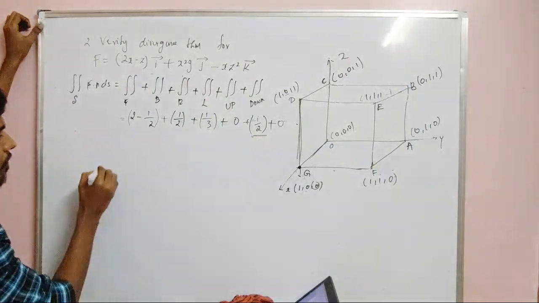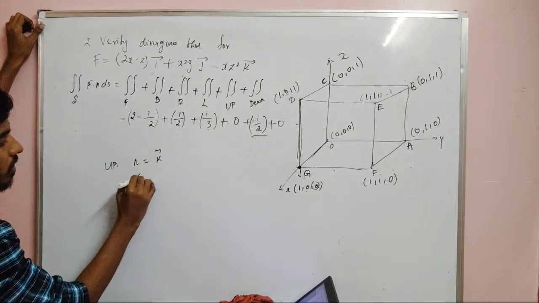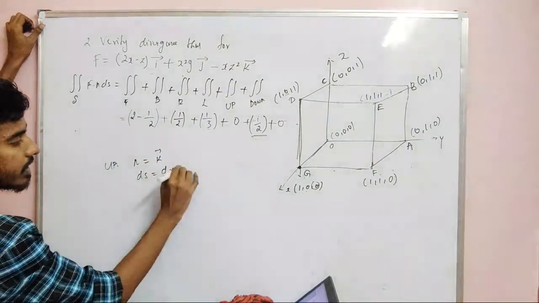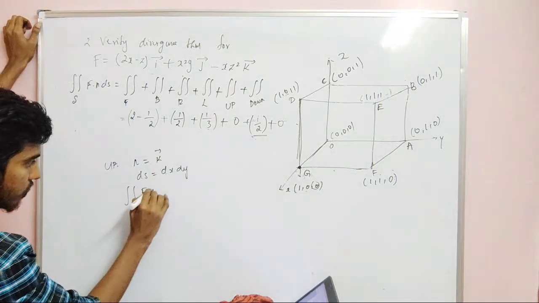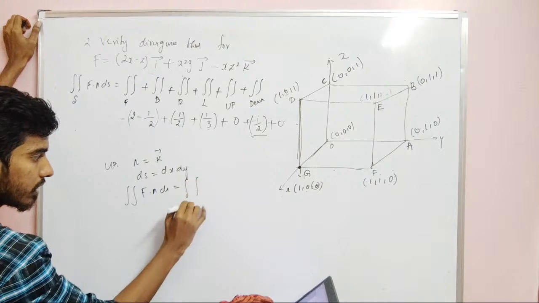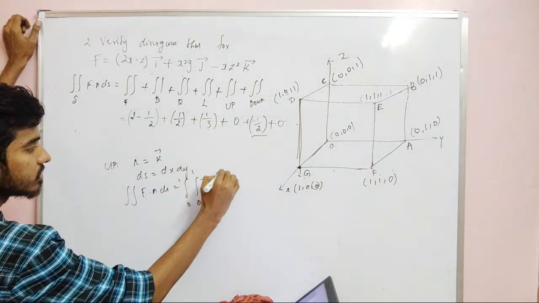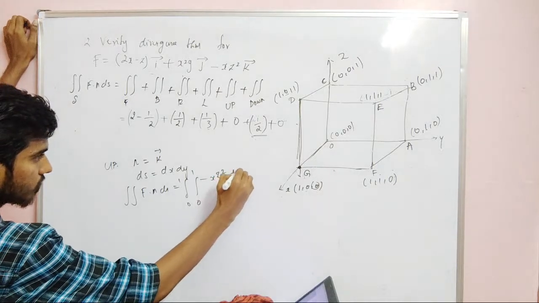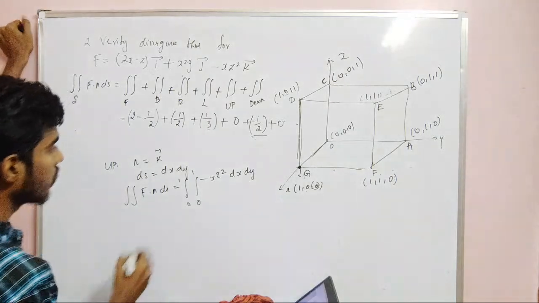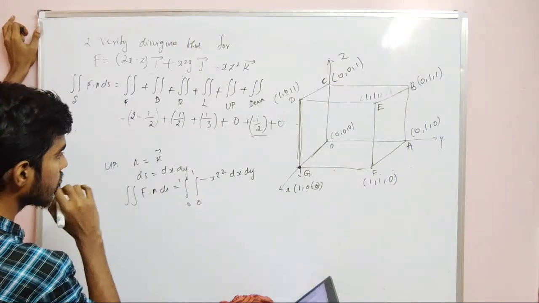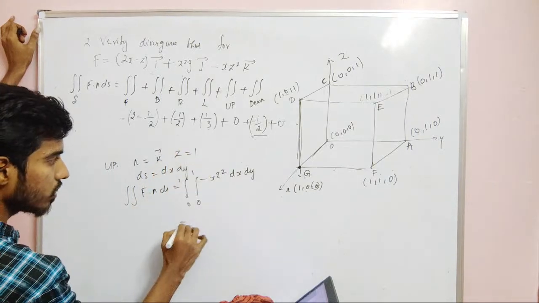For up, we have n equal to k and ds equal to dx dy, and double integral over s of f dot n ds will be double integral 0 to 1, minus x z square dx dy. For this z is equal to 1.